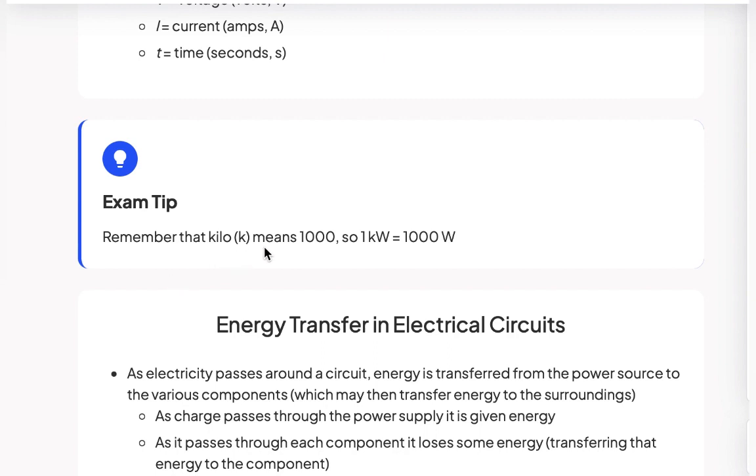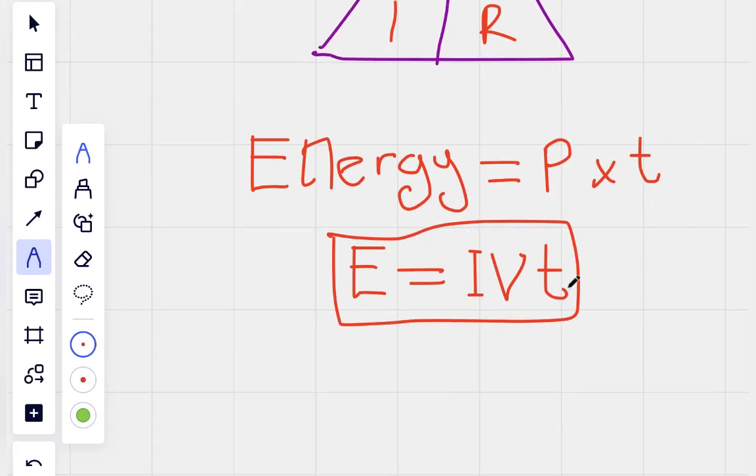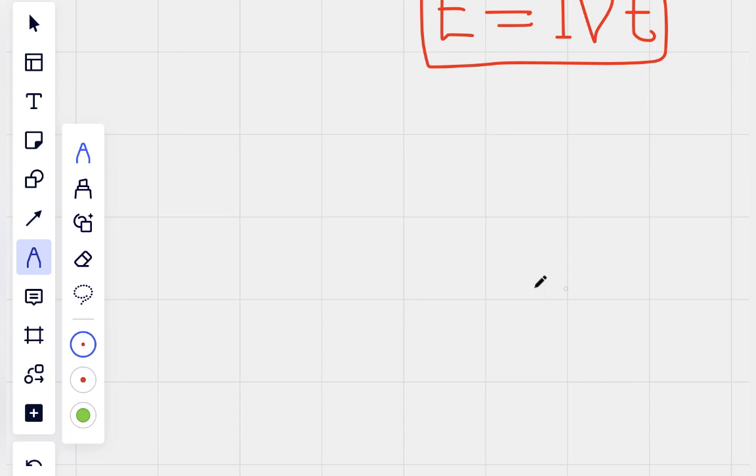Now here is an example. Remember that kilo means 1000. When you say 1 kilowatt, you are saying 1000 watts. Kilo is a prefix that is used with a unit.